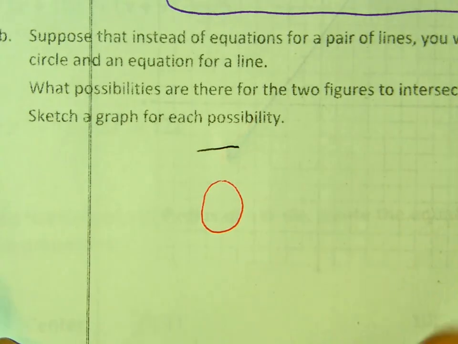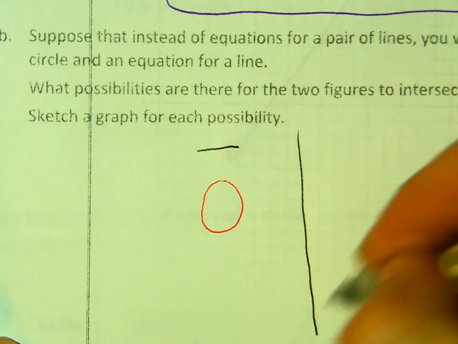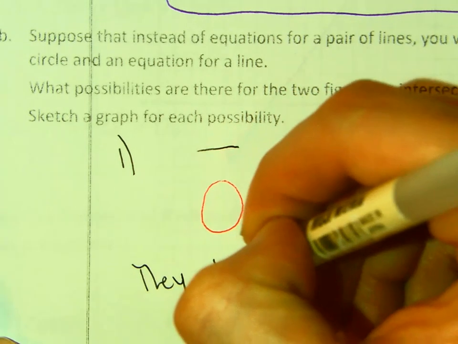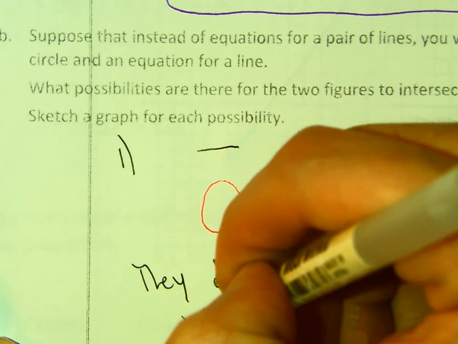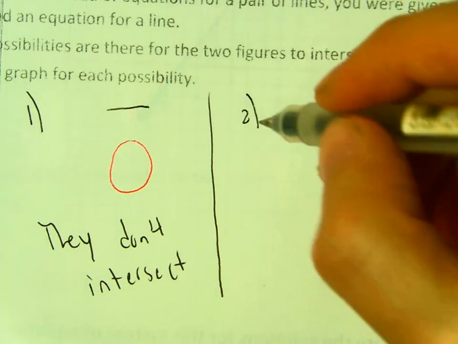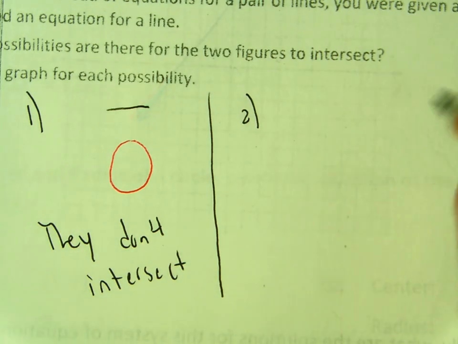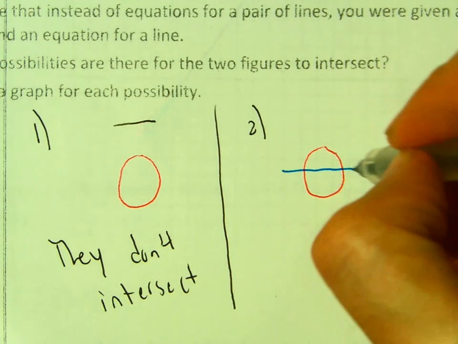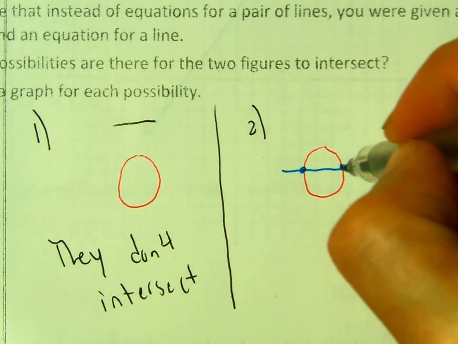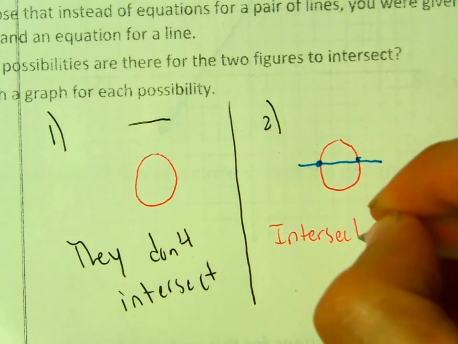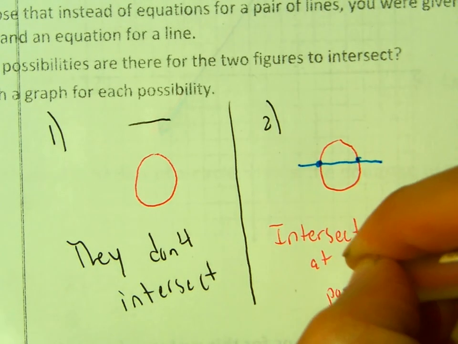Notice that if you want to see how it's done, here, one way is they don't intersect. A second way is, imagine if you have a circle, and then if you have a line, you could hit 2 points over here, so they could intersect at 2 points.